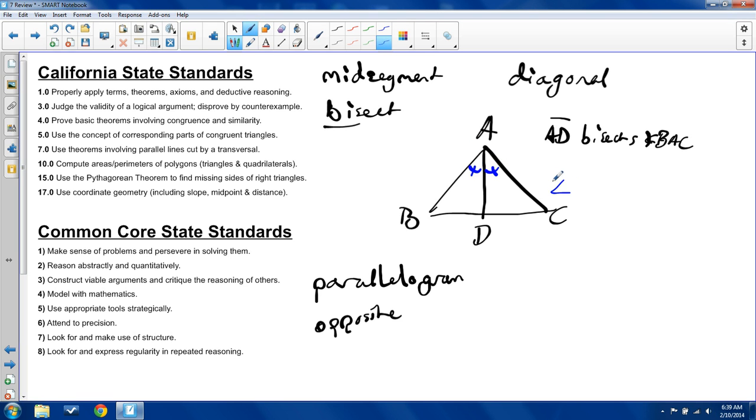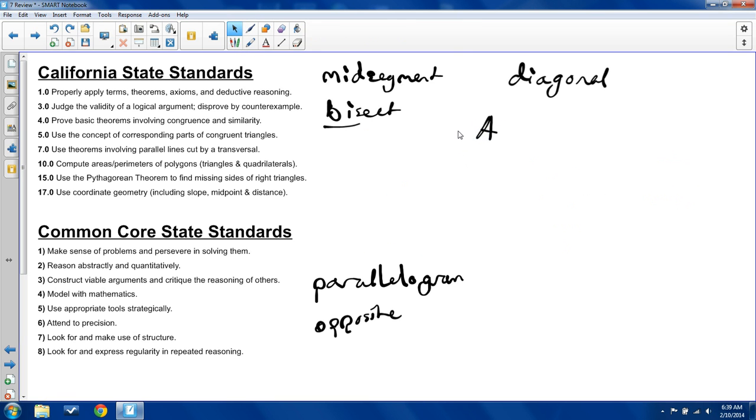So that means that angle BAD, notice what I did there, angle BAD, not just angle A, is congruent to angle DAC or CAD. Okay, so if AD bisects it and it's an angle bisector, that means these parts are congruent. Notice how I labeled them. I had 3-letter assignments because now it's divided into two. Okay, so that's what a bisector is, and that's how it can work. So it works similar to a midpoint for segment bisectors, or a midsegment, kind of, in that it divides it into two congruent parts.